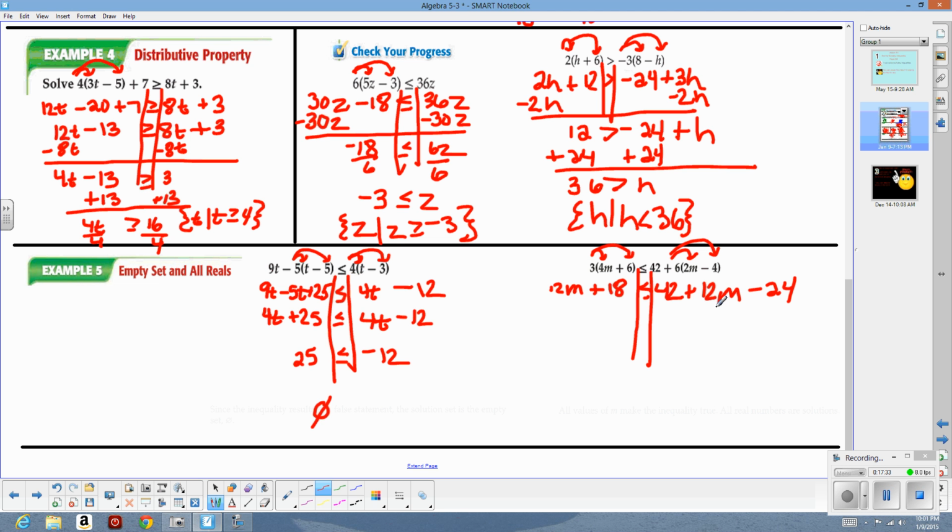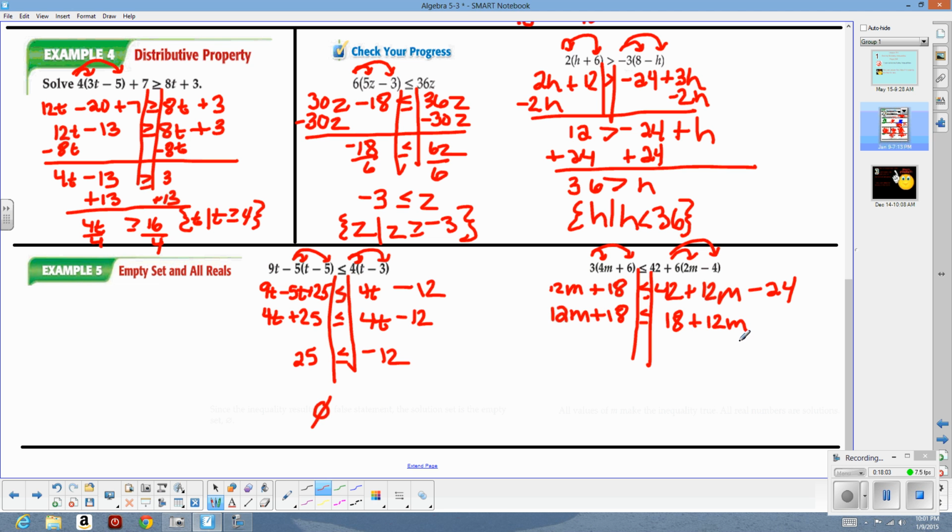Now what's going to happen here, I'm going to simplify this side. So I'll have 12m plus 18 is less than or equal to, I can put the 42 and the negative 24 together, so 42 minus 24, that's going to be 18 plus 12m.